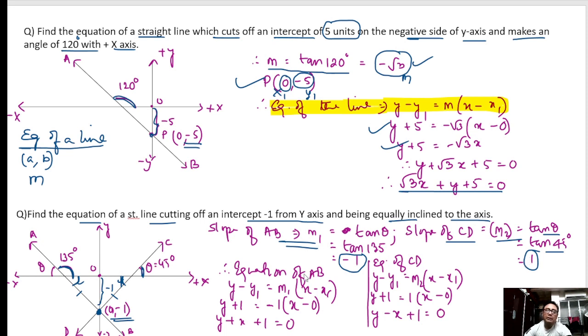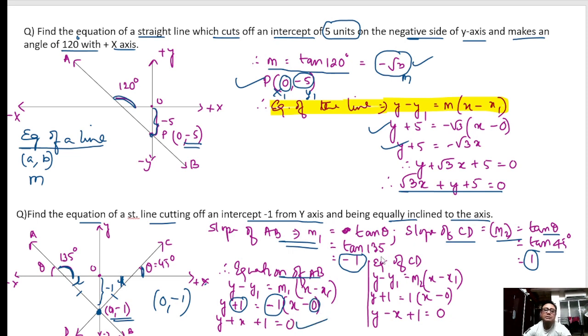Clear? Now equation of AB. So for AB I need a coordinate. So what is the coordinate AB passes through? AB is passing through (0, -1). And the slope of AB I know, -1. So y minus y1 is m into x minus x1.